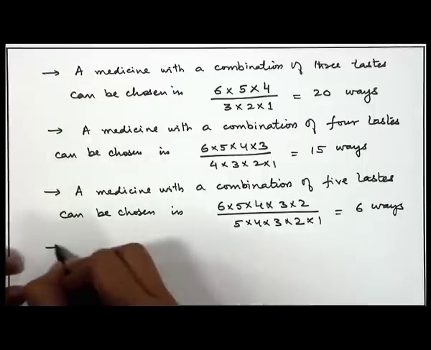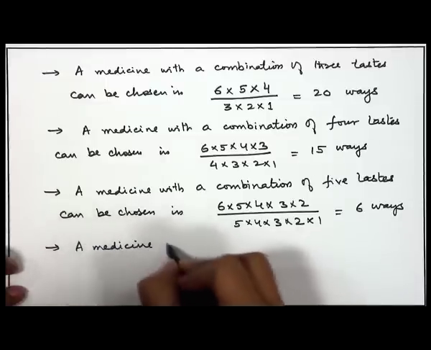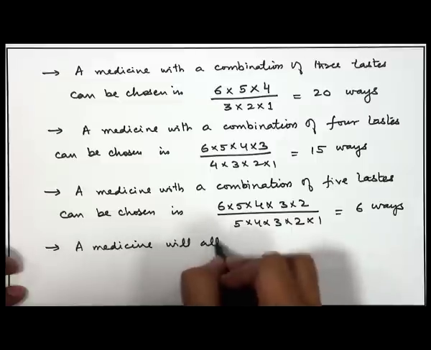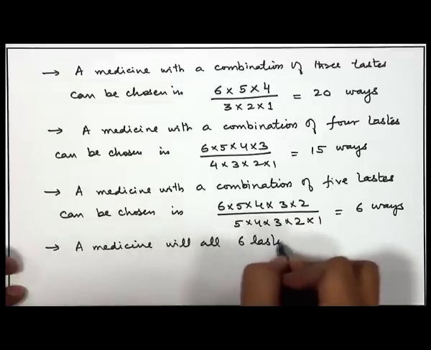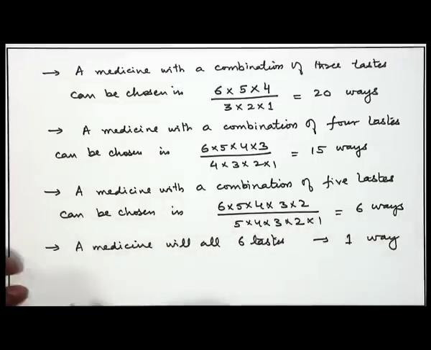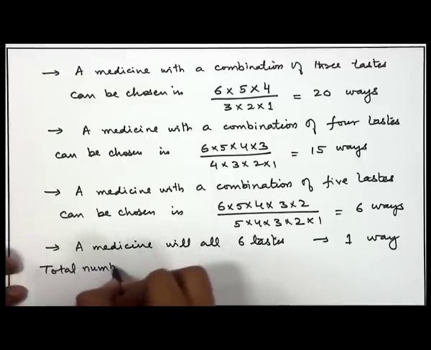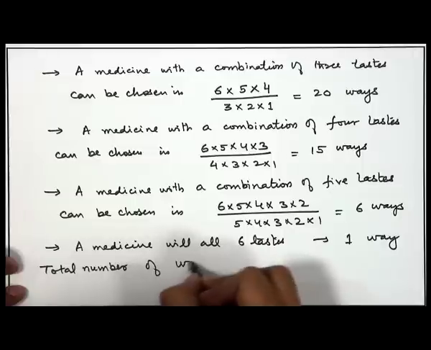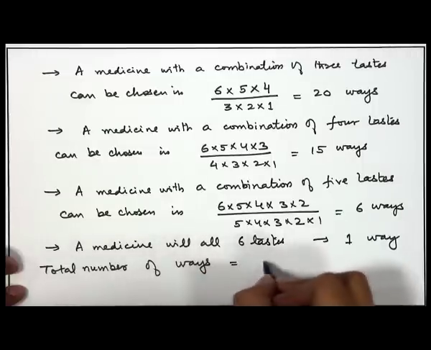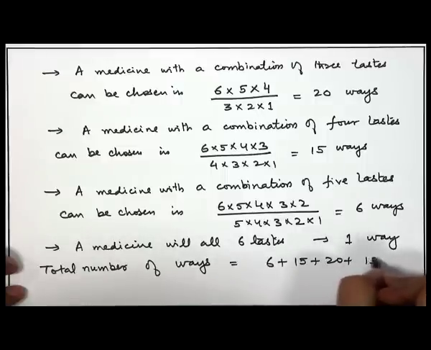And a medicine with all 6 tastes, that means only one way. So, now if you look at the total number of ways, that is equal to 6 plus 15 plus 20 plus 15 plus 6 plus 1.